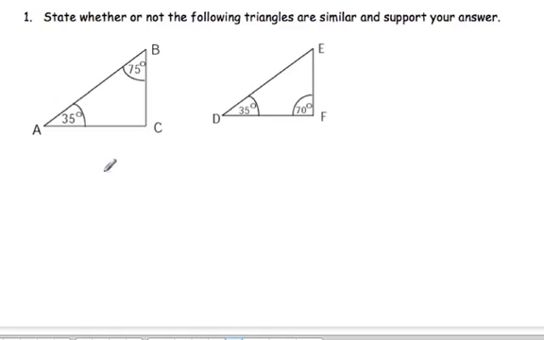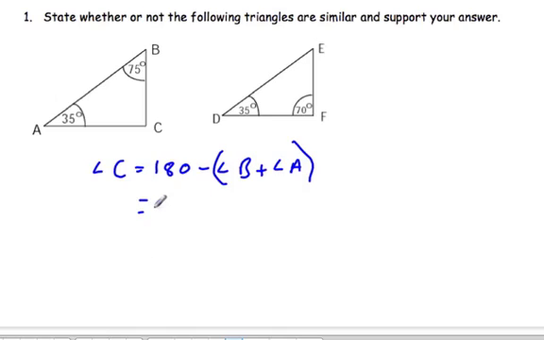For angle C is going to be equal to 180 minus angle B plus angle A. And we have to add those together.